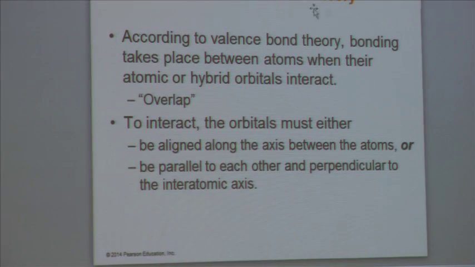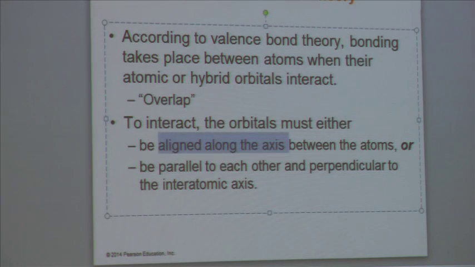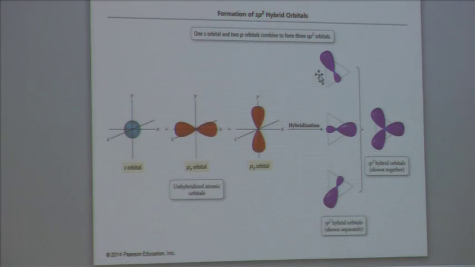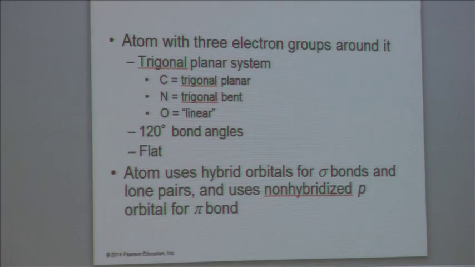So, bonding with the valence bond theory, there's an overlap. The orbitals must be aligned along the axis. So here we have the 1s and the 3 p's, and when they're hybridized, we have 1, 2, 3, and the fourth one on the bottom, sp3 orbitals.